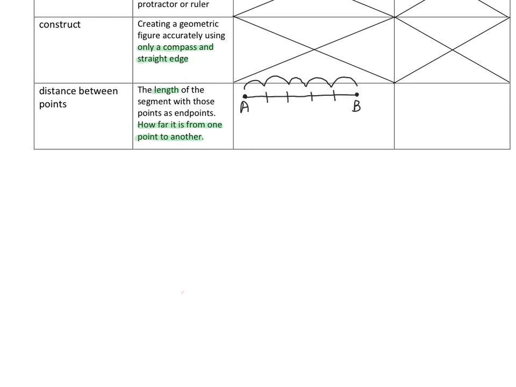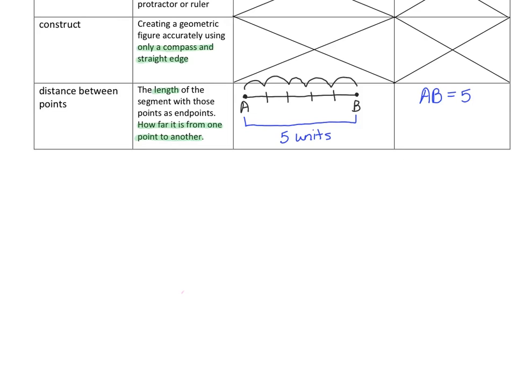The total length of that segment is 5 units. We have to be able to symbolically represent the length of a segment, and the way we do that is to say AB is equal to 5.